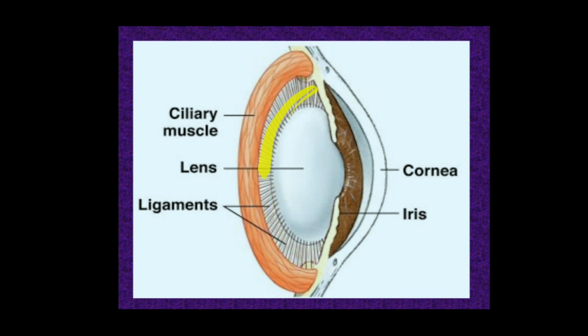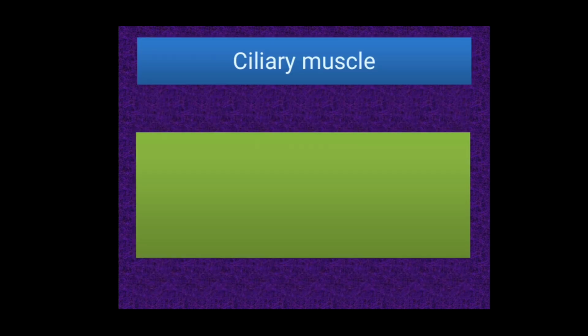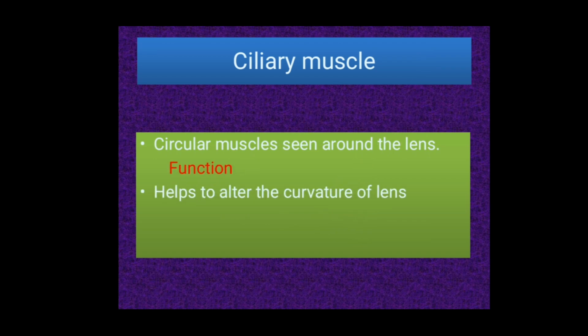The ciliary muscles hold the lens in position. Not only the ciliary muscle, the ligament also plays a key role in holding the lens in position. The ciliary muscles are circular muscles seen around the lens. The major function is to help alter the curvature of the lens.